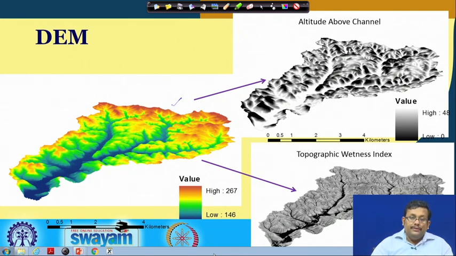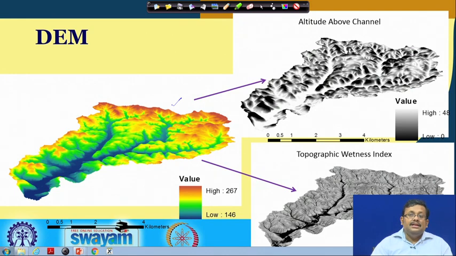However, when we use a high resolution digital elevation model, it requires more storage space as well as more computing power. So, depending upon your computing power and your storage space, you can select the resolution of the digital elevation model.